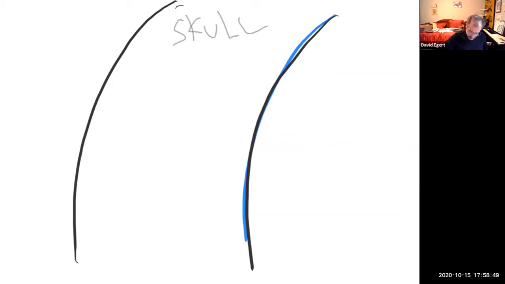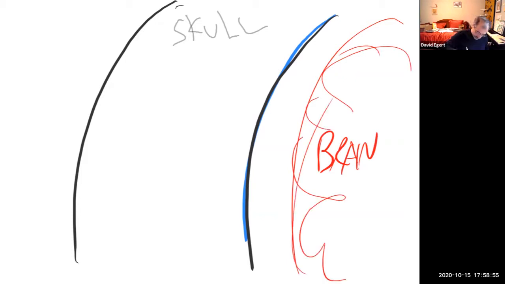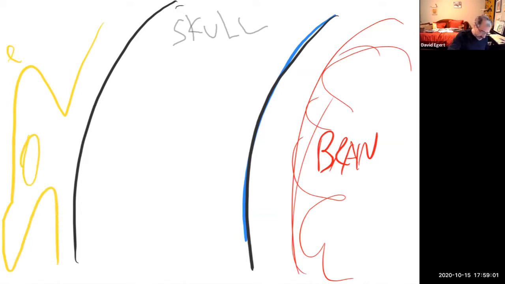Here's the brain. Here is your ear. This is like my external ear. The actual ear itself, we call the pinna. Then we come in, and there's that ear canal.